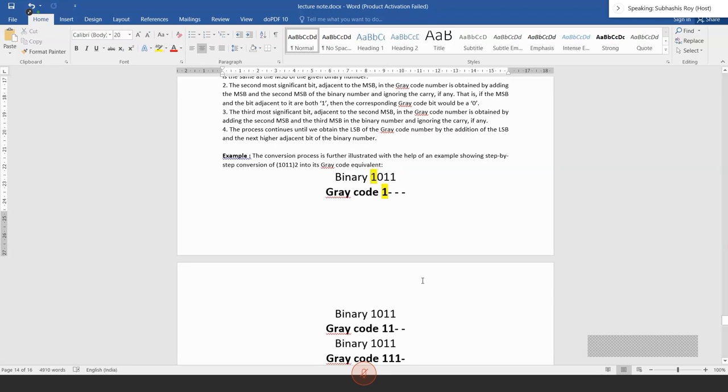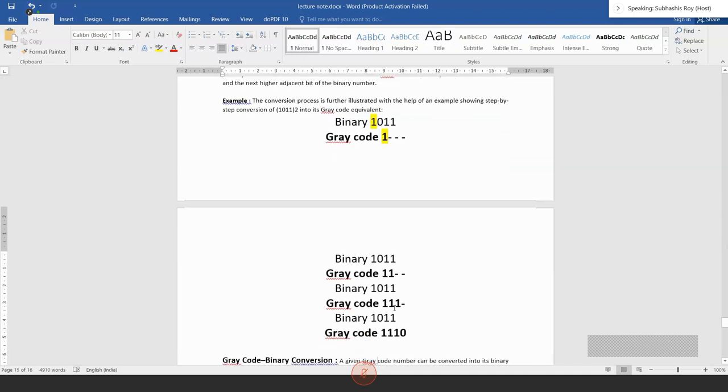What will be the next step? The binary number stays the same. Now you need to add the first two digits: 1 plus 0 is 1. You write it down in the second position. So this 1 comes from the addition of these two yellow marked digits.